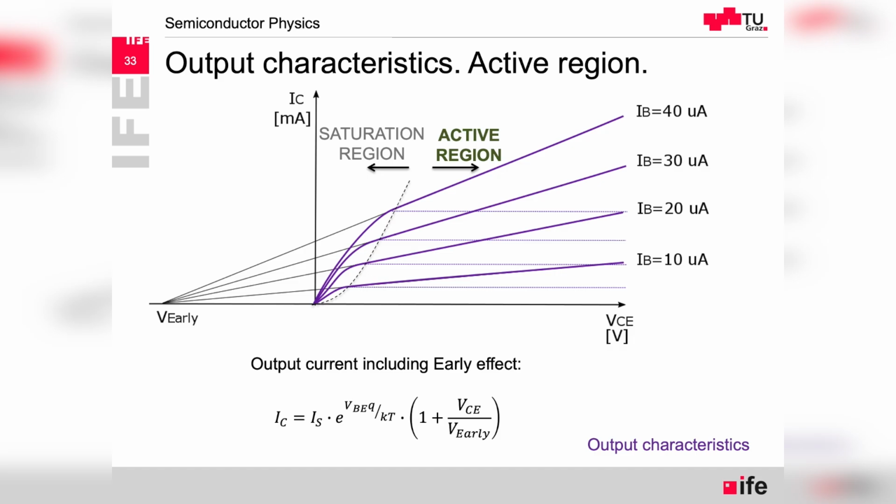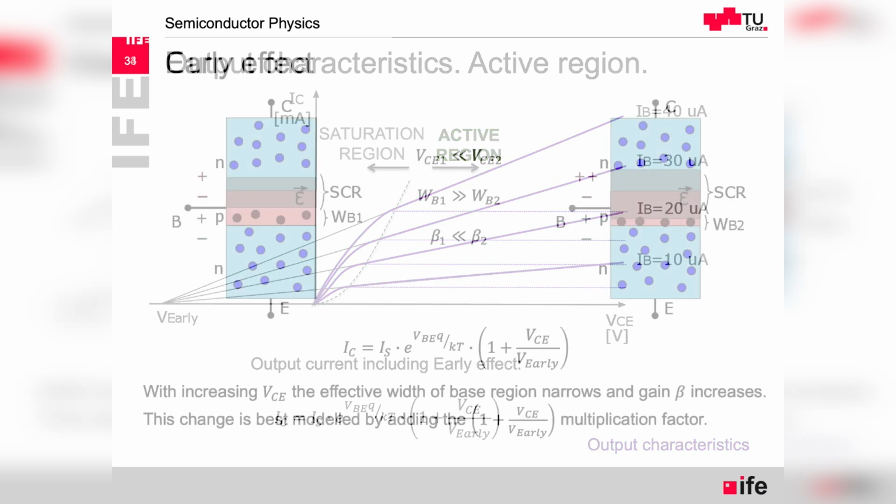If we include the Early effect, so the characteristics are not flat but we see this sloping, a finite Early voltage, then we multiply the current by this expression in the brackets, and that's what models these characteristics.